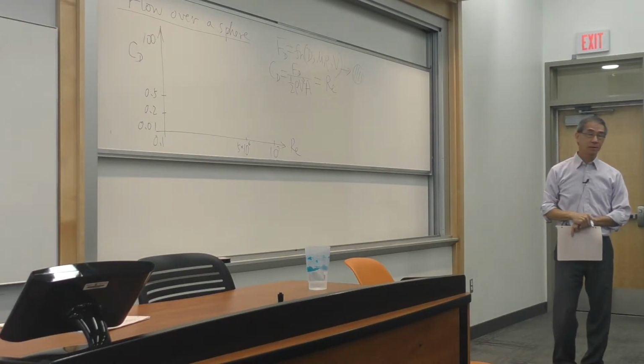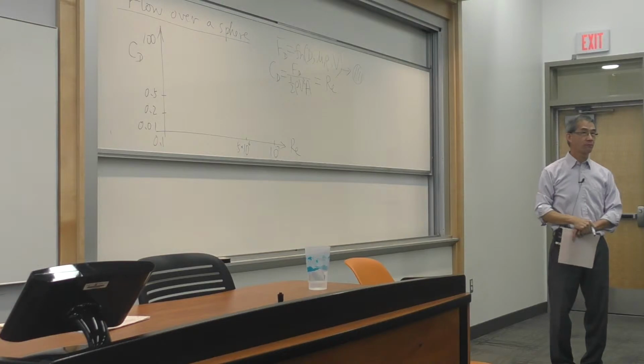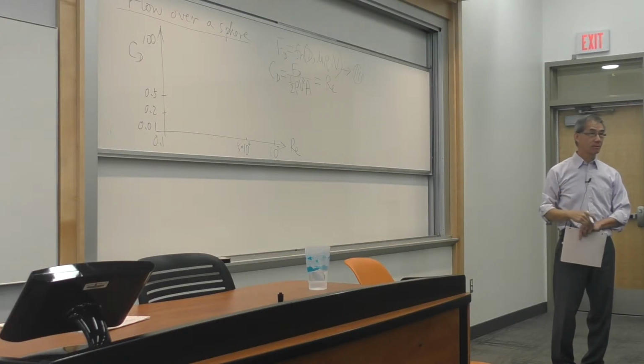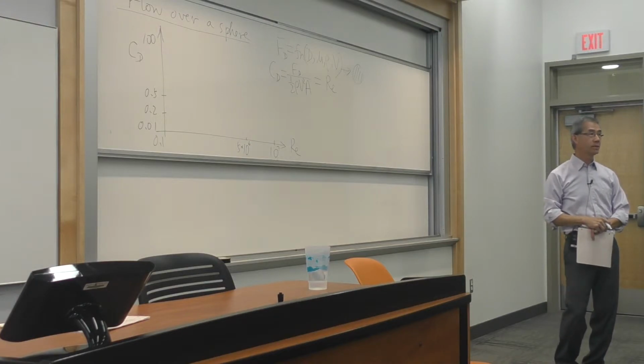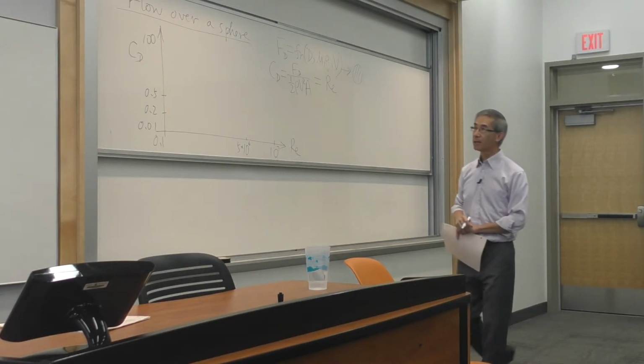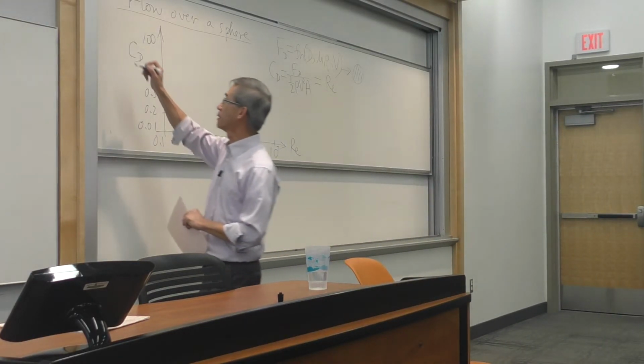So it's a log scale. What does that remind you of? What plot have you seen so far that's also plotted log scale where the x-axis is also the Reynolds number? Moody, yes, Moody.